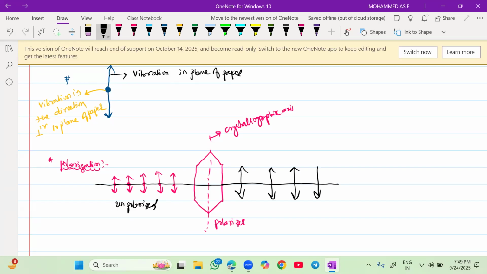So this light is called polarized light. What type of polarized? It is plane polarized.